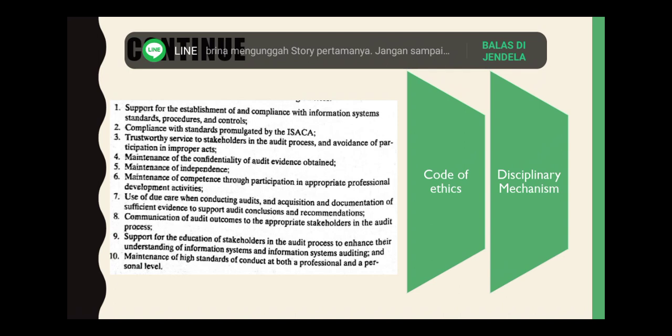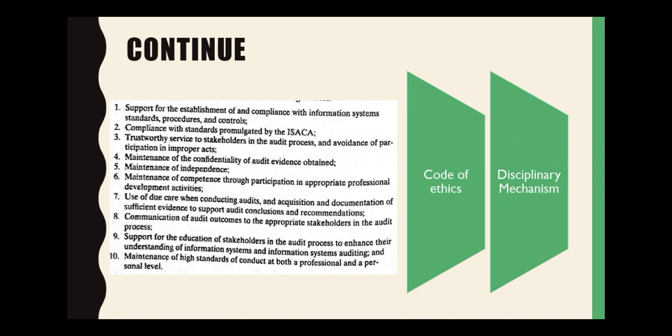There are so many actually, so I will not read all. For example, supporting the establishment of and compliance with information system standards, procedures, and controls, and then compliance with standards promulgated by ISACA, and then maintenance of the confidentiality of audit evidence obtained, and then maintenance of independence, and so on.